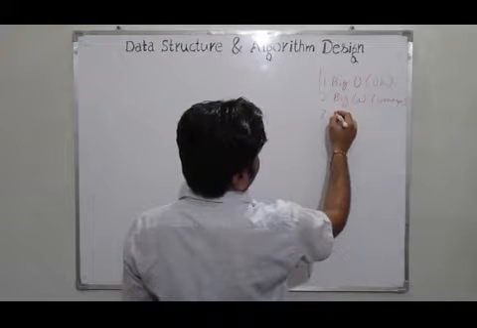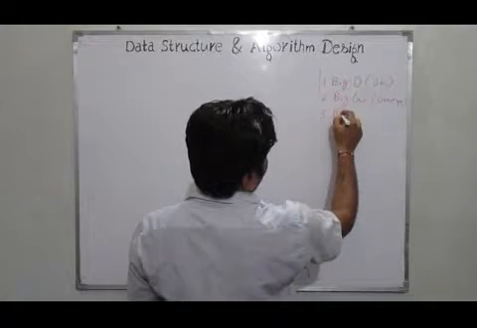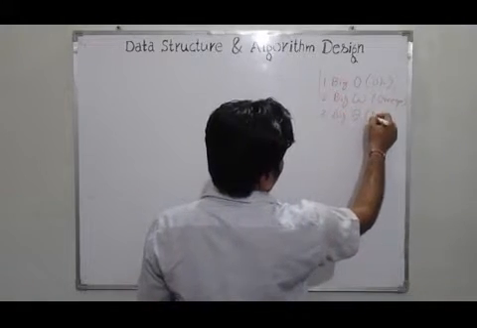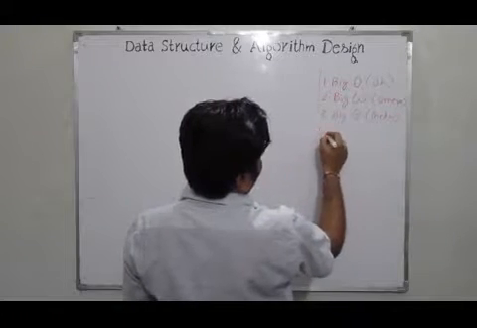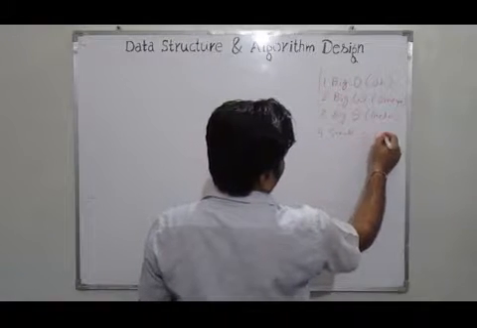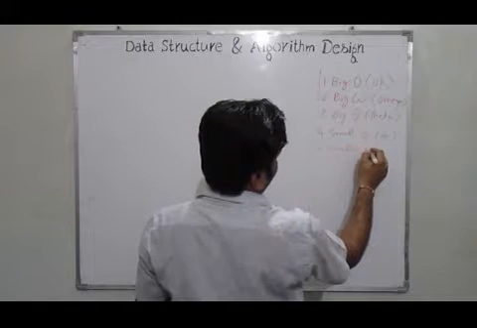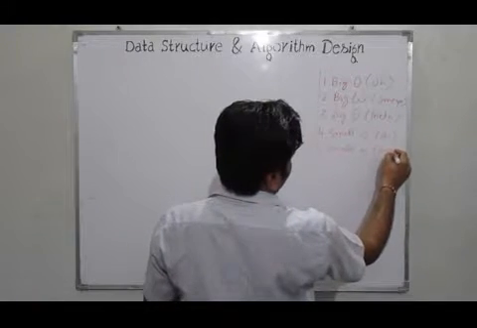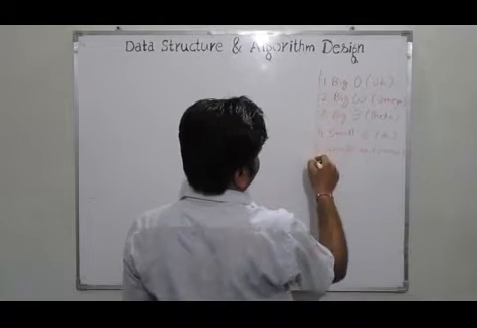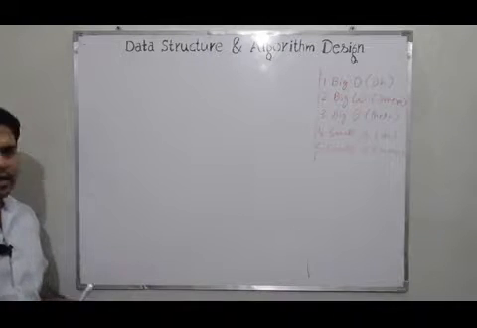Then theta, then small o, and small omega. So these are the 5 types of asymptotic notation that we have to discuss here. Fine. So let us begin the discussion with big O.